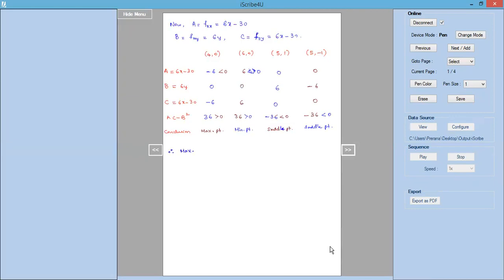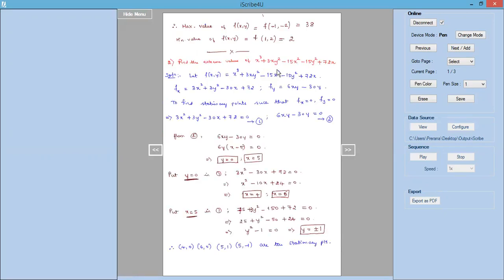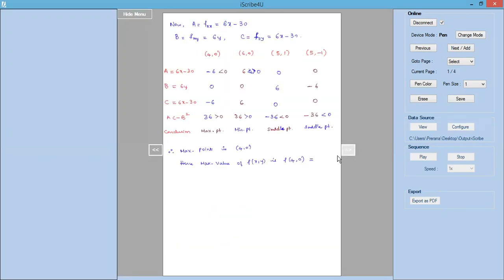Maximum point is 4, 0. Hence, the maximum value of f of x, y is f of 4, 0. So substituting x is equal to 4 and y is equal to 0 in the given function f of x, y, we will be able to obtain the answer as 112.